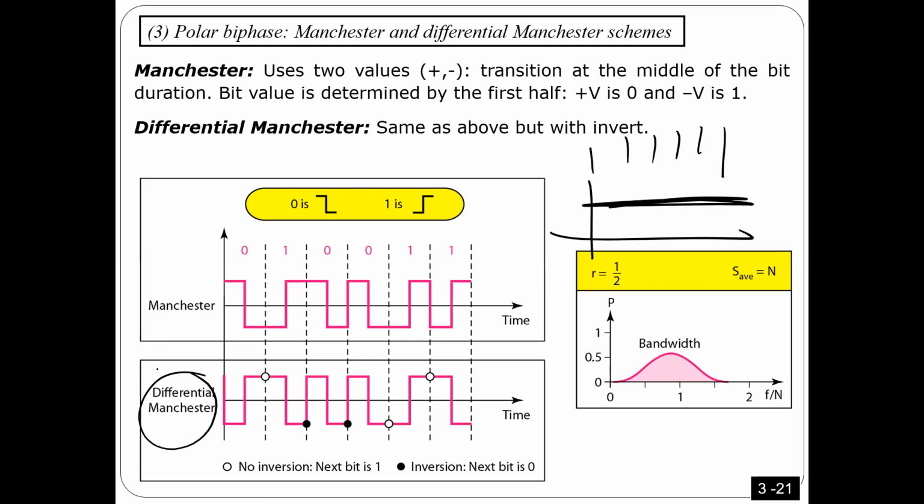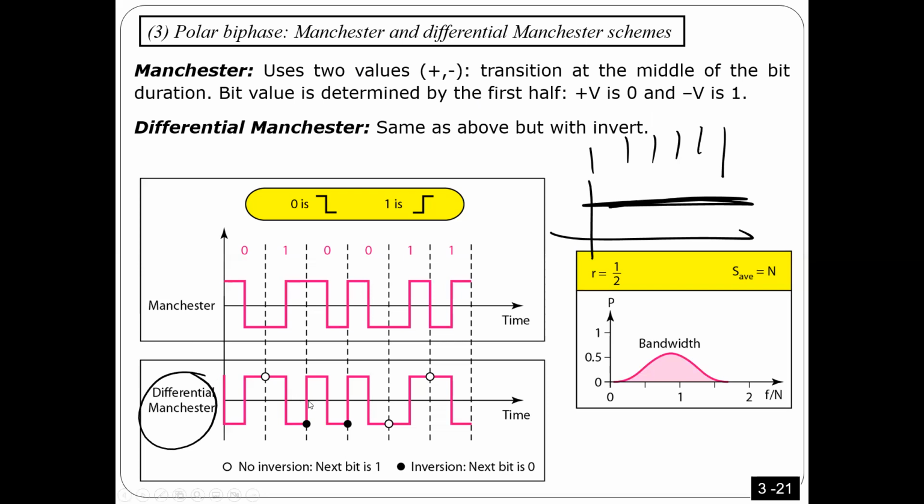You can tell if the bit is 1 or 0 by whether there is a transition or not. Here, for example, we are positive and then remain positive. Keep in mind, we still have one transition in every bit duration, still half of the time positive, half negative.